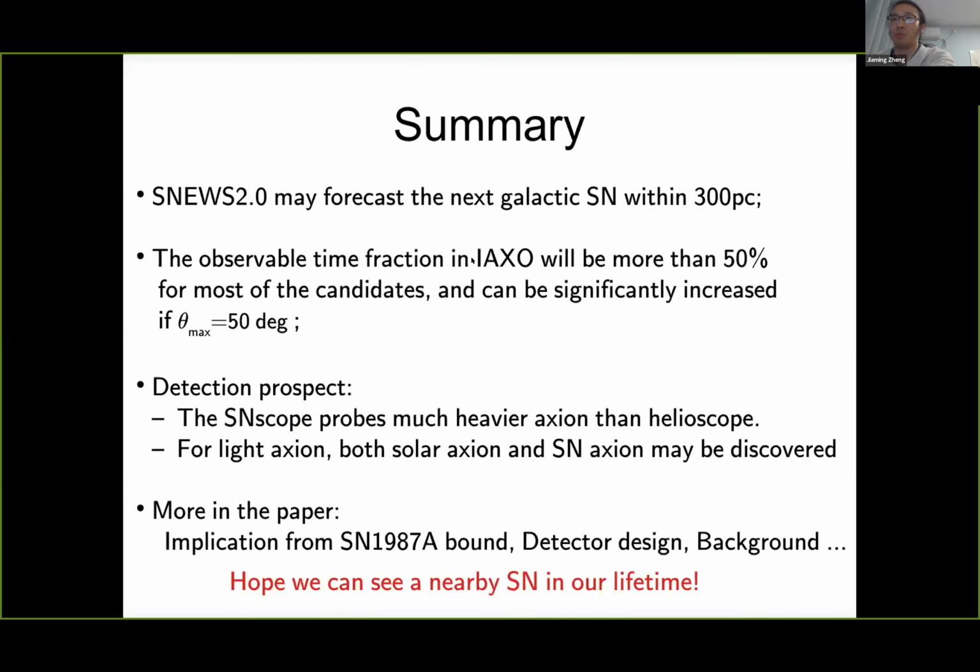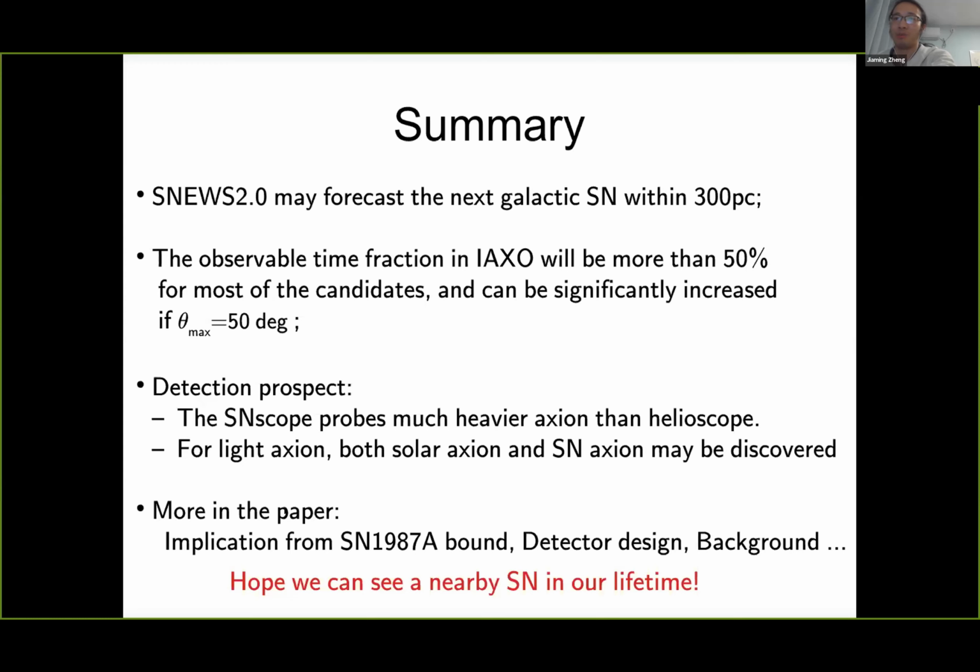For the proposed setup of IAXO, there will be 50% of the time when it is able to point towards one of the supernovas. And as for the detection prospects, the supernova scope probes much heavier axions, and for light axions, it is probable that both the solar and the supernova ones will be discovered.